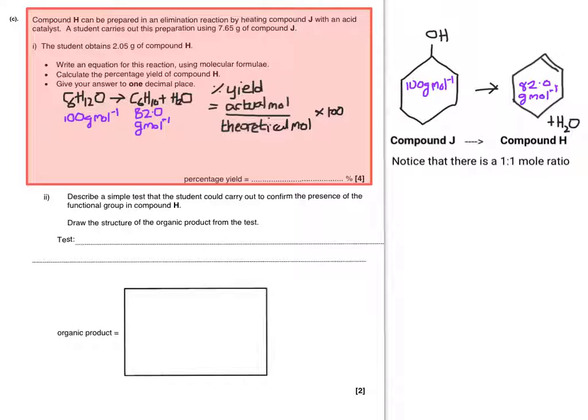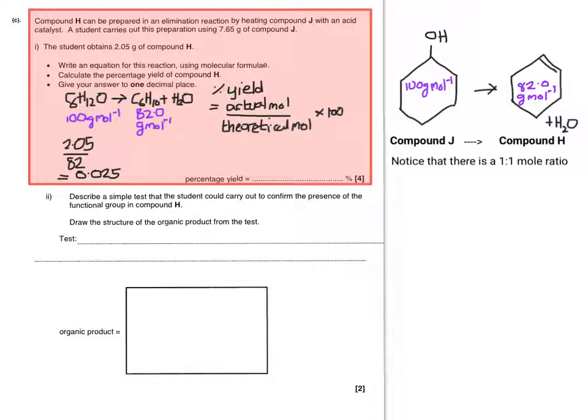So the next thing to do is to notice that there's a 1-to-1 mole ratio between the compounds. So let's do the actual moles first. We've obtained 2.05 grams of compound H, and compound H has a molar mass of 82, so that gives us 0.025 moles.